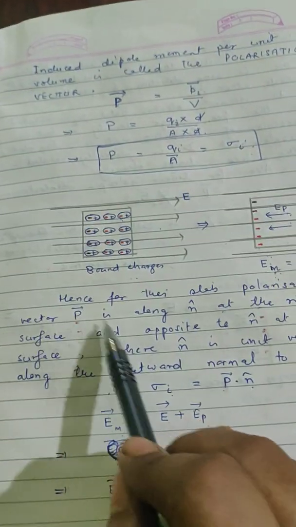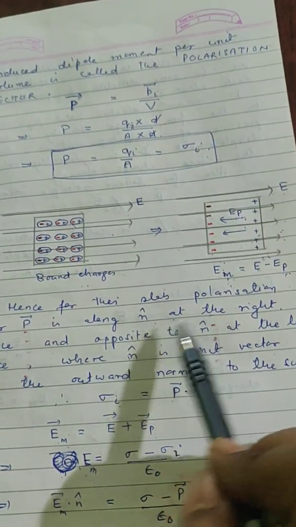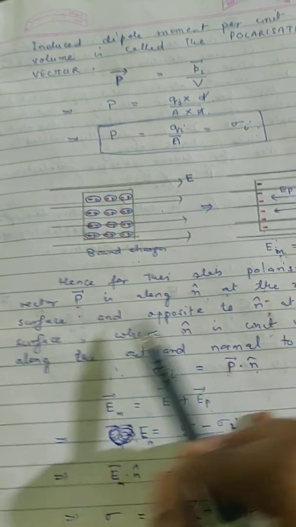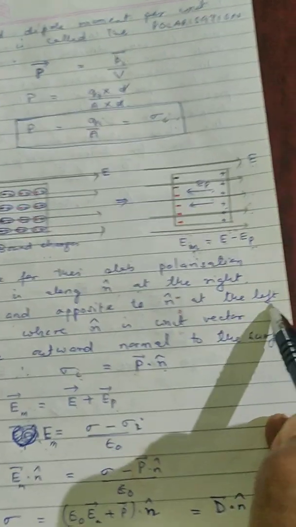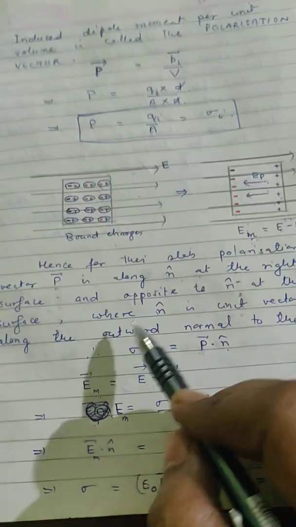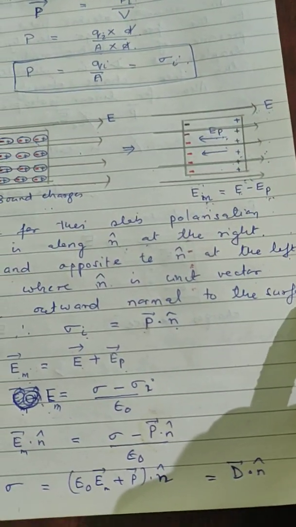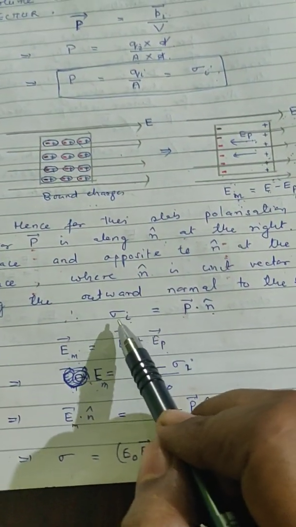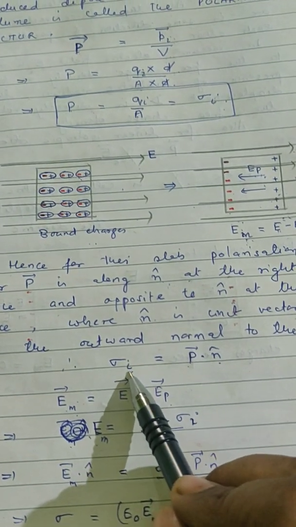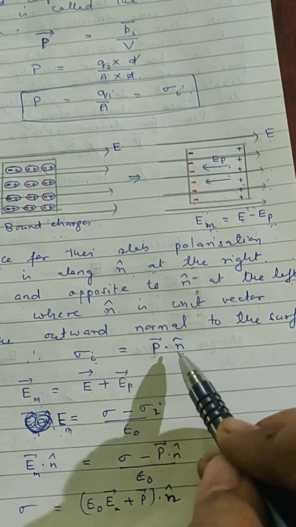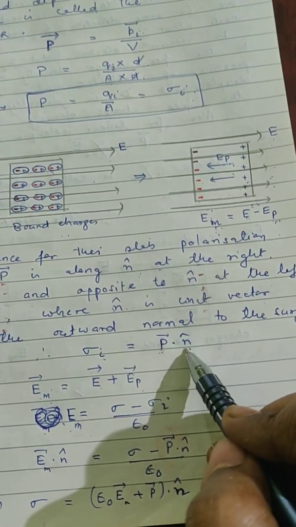The polarization vector P is along the unit vector normal, I have written as n, at the right surface, and it is opposite to the normal vector at the left surface, because this is a unit vector along the outward normal to the surface. So we can write the surface charge density of the induced charges as the polarization vector dot the normal unit vector.